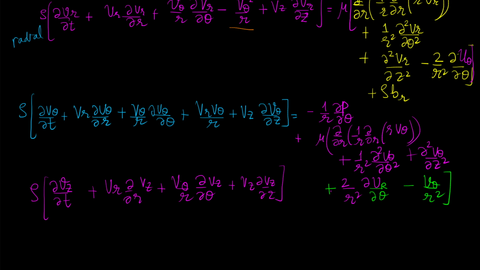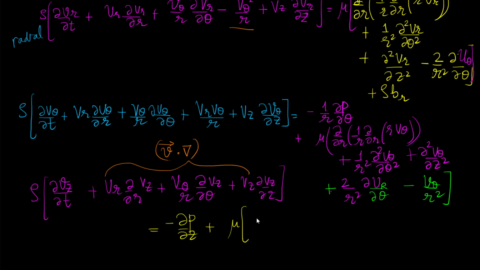So this is essentially v dot nabla operator in cylindrical polar coordinate system. And on the right hand side we will have equal to minus del p del z plus mu.